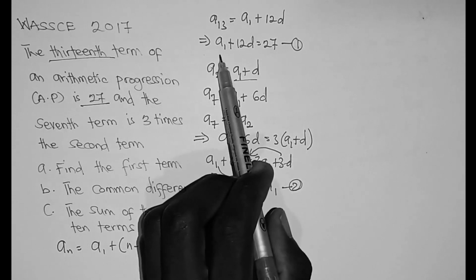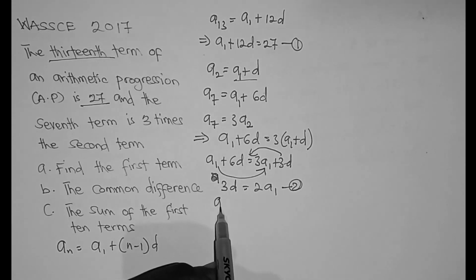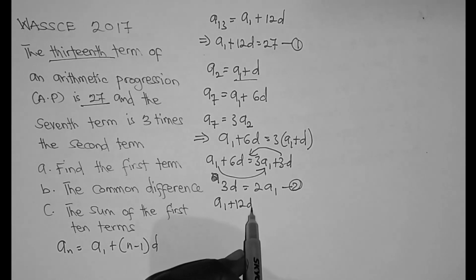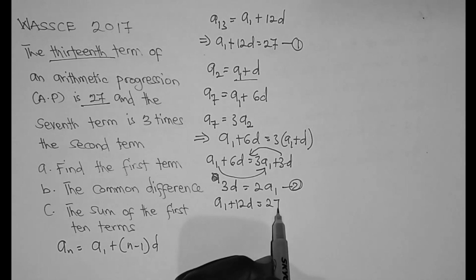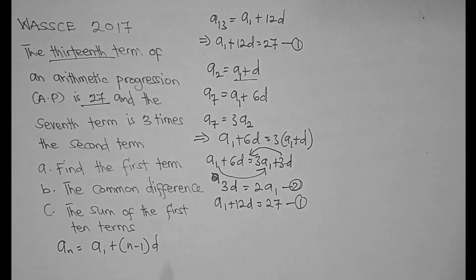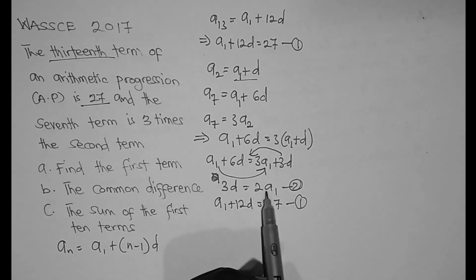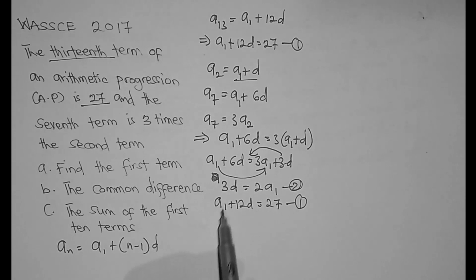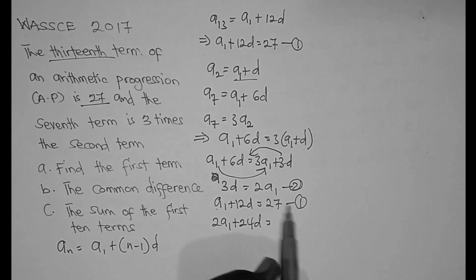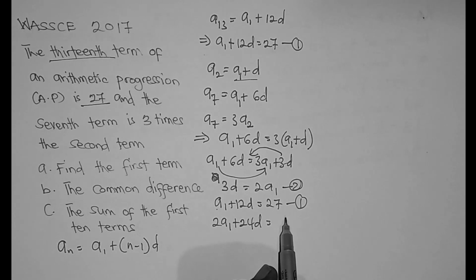However, from equation 1, we know that A1 plus 12d is equal to 27. We are looking for 2A1, and therefore let's multiply equation 1 by 2. So 2A1 plus 2 times 12 is 24d, equal to 2 times 27 is 54. So this becomes equation 3.